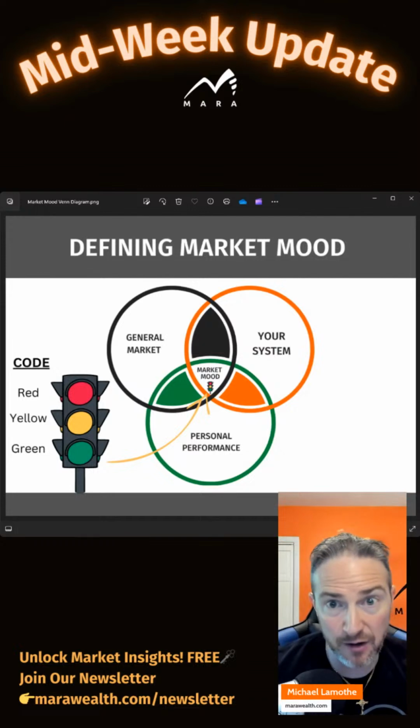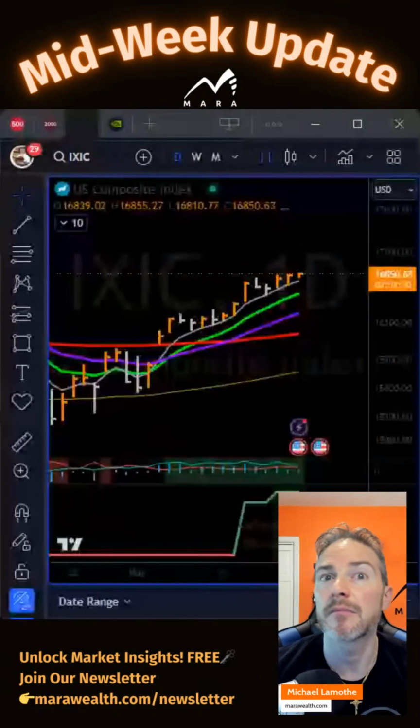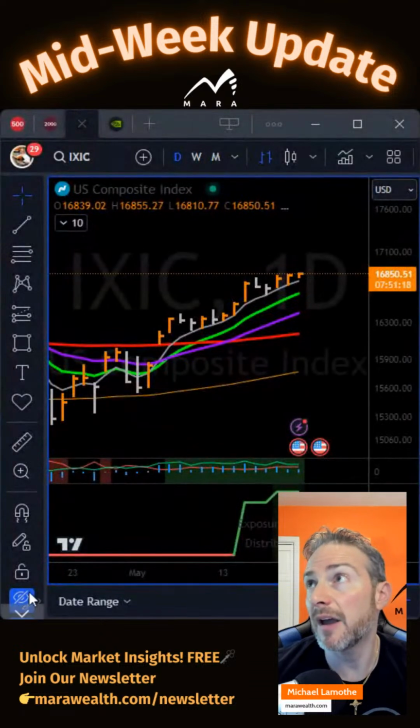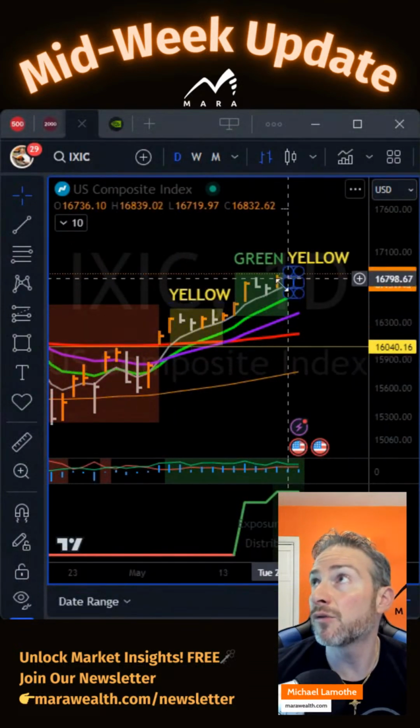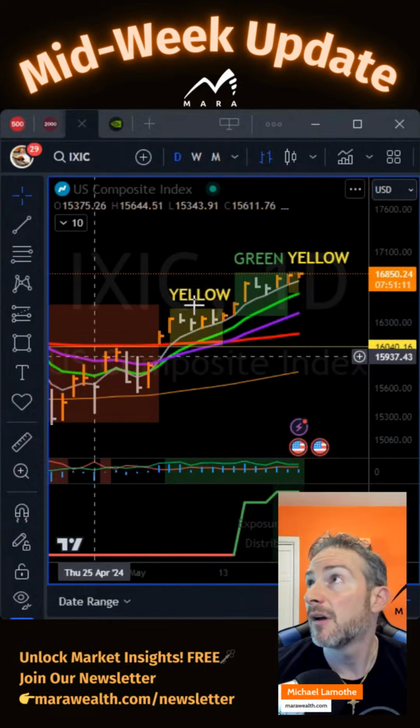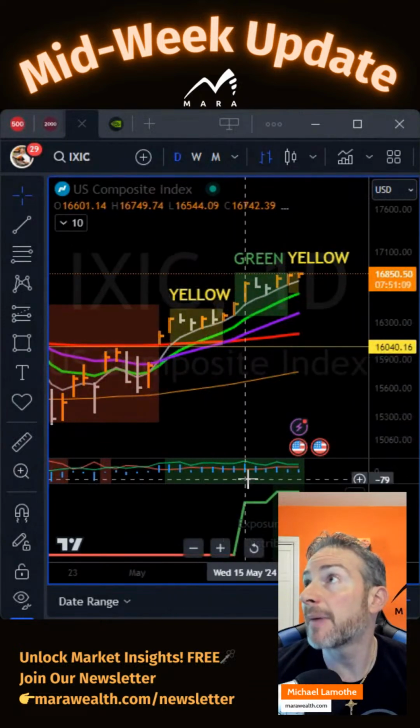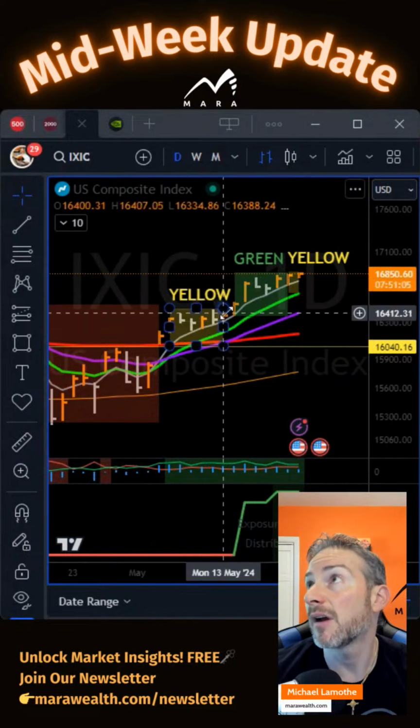Now to switch back over to the NASDAQ, what we were looking at just a moment ago, right? So back over to this here. Turn on my annotations. So we've got all this red, yellow, and green stuff going on right now. The power trend turned on over here, right?